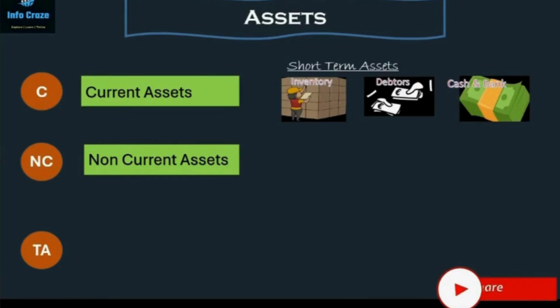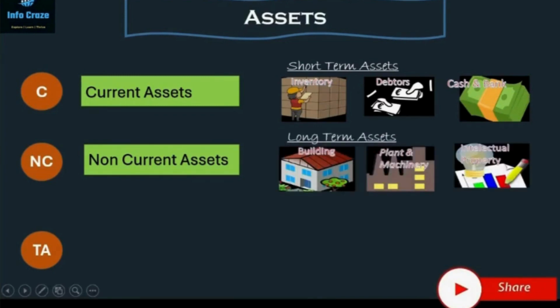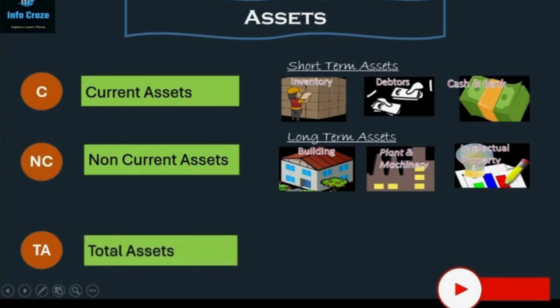All these are assets which can be converted into cash faster, whereas the non-current assets are procured for a longer period of time, like long-term assets such as building, plant and machinery, and intellectual property. If you see, these assets have a longer period of service, so they are called non-current assets. And the sum of the current assets and non-current assets is the total assets of a company.